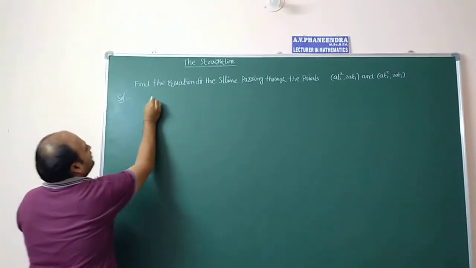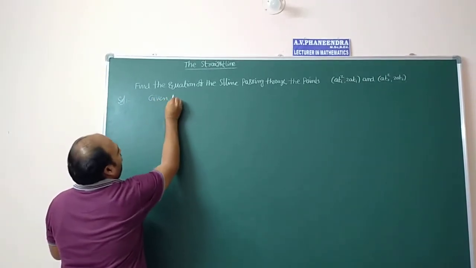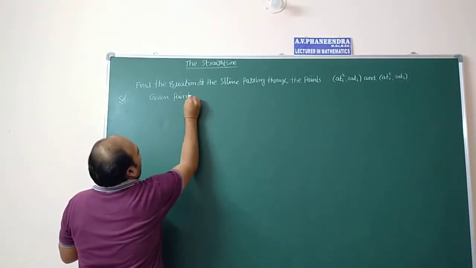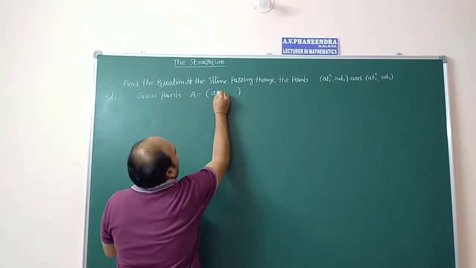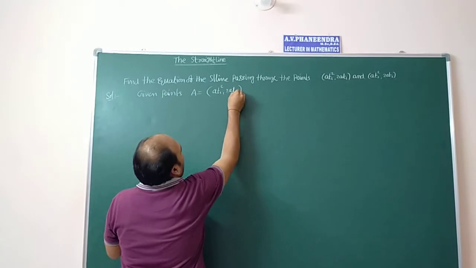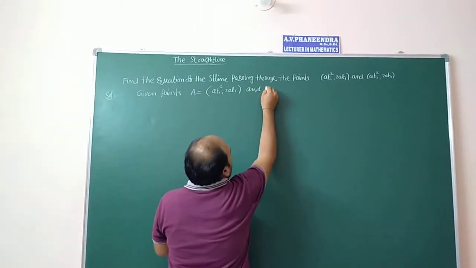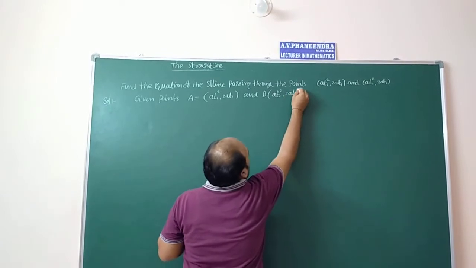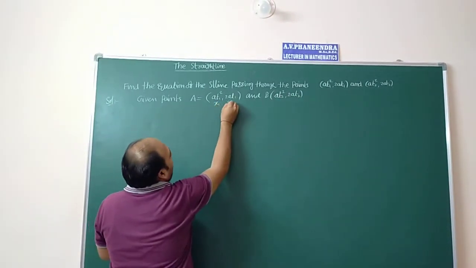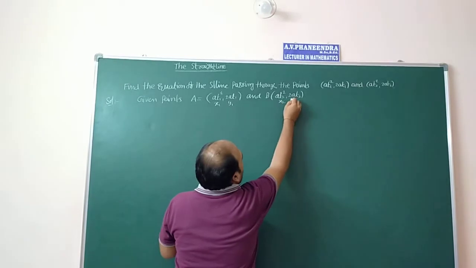Steps regarding how to write the given points: the first one you can assume as A, the second one as B. The first point (at1², 2at1) and the second point B (at2², 2at2). The first point you can assume as (x1, y1), the second point as (x2, y2).